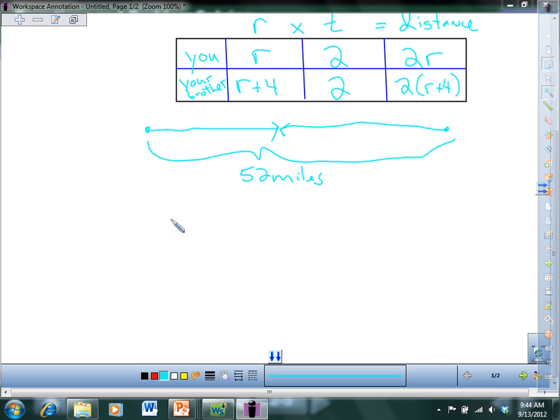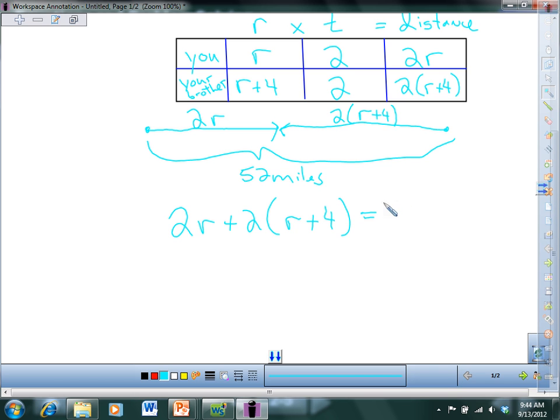But you know that 2r plus 2 times r plus 4. Here's you. You have gone 2r. That's your distance right there. Here's your brother. He has gone 2 times r plus 4. So when I add those two things together, what should I get?